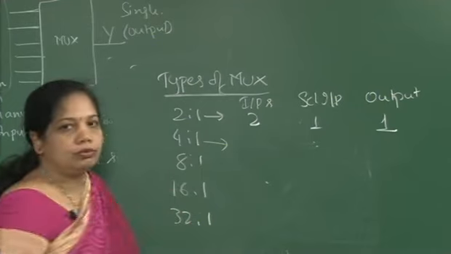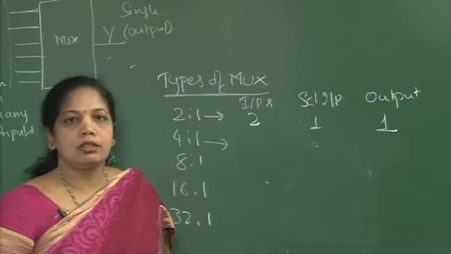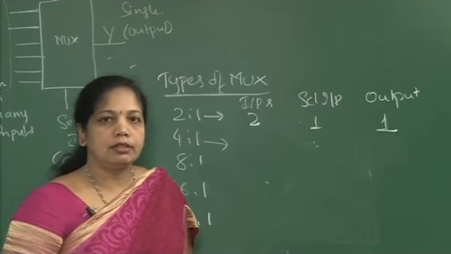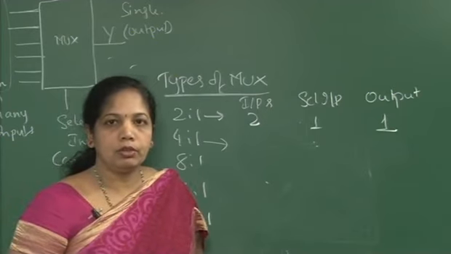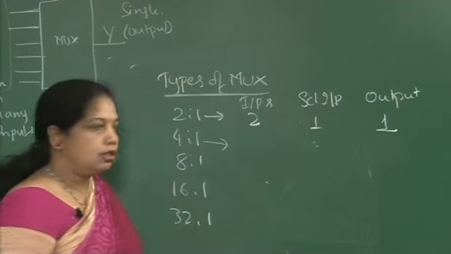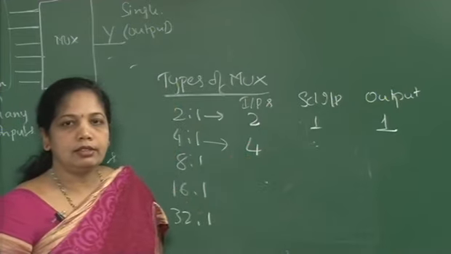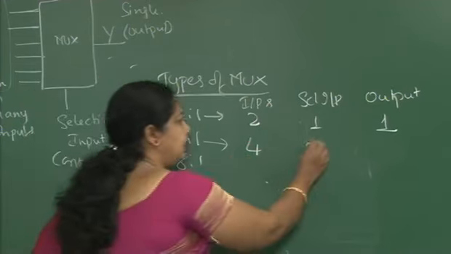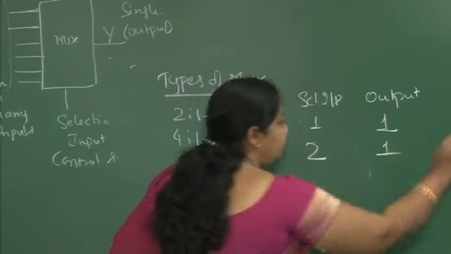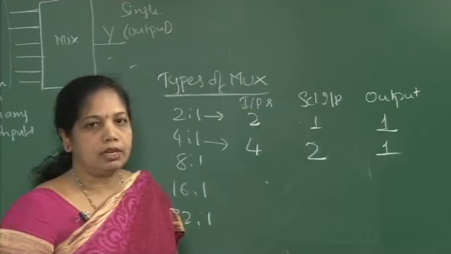Now, we will discuss 4:1. When I talk about a 4:1 mux, how many inputs will be there? Yes, it is 4 inputs. And how many selection lines? Yes, 2 selection lines. And how many outputs? Of course, we will have only a single output for a multiplexer.